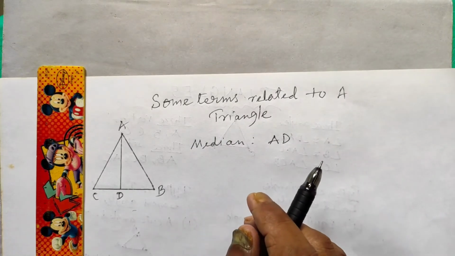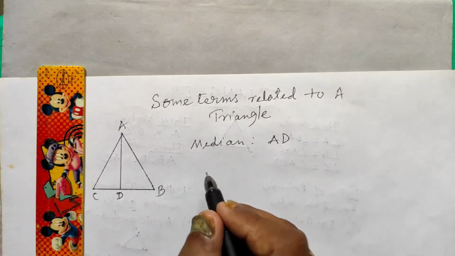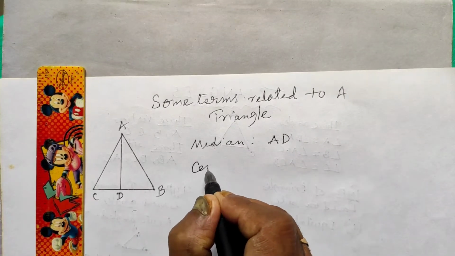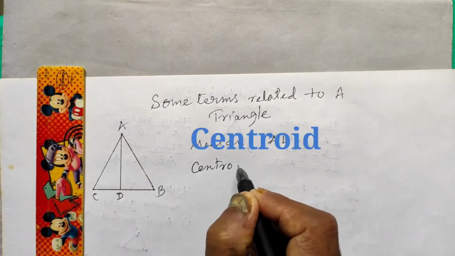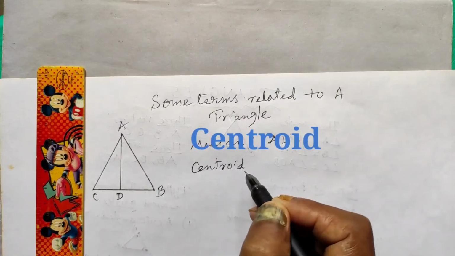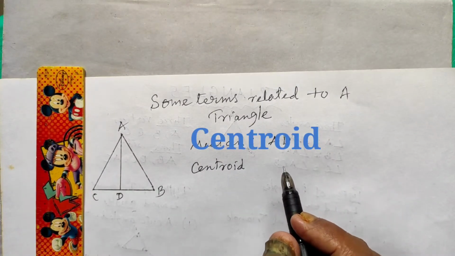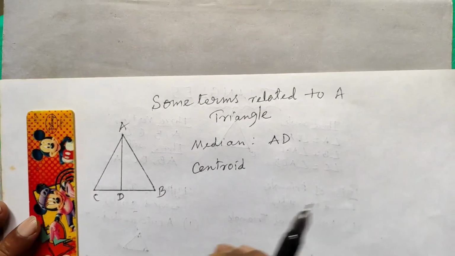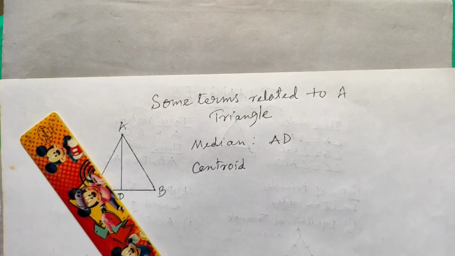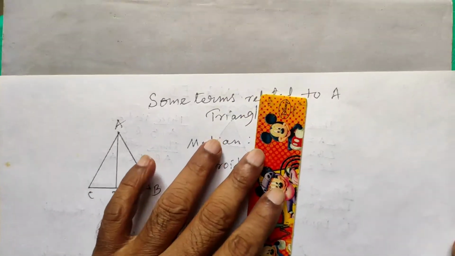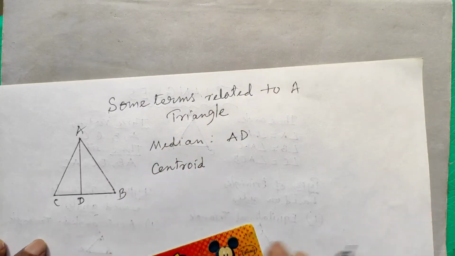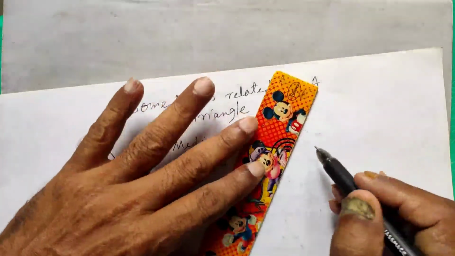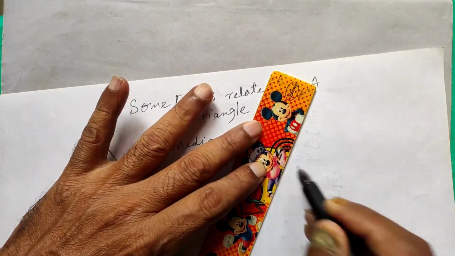Now, I will be talking about centroid. What is centroid? The point of intersection or concurrence of the three medians of a triangle is called centroid. That means I can draw here one more triangle.